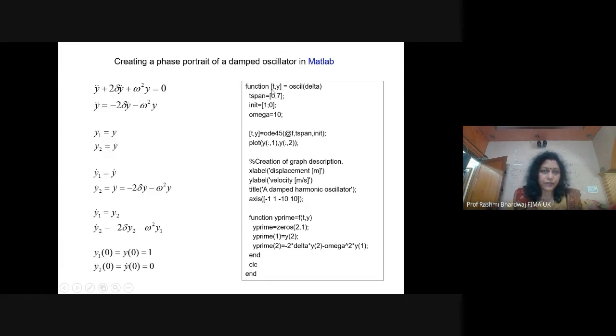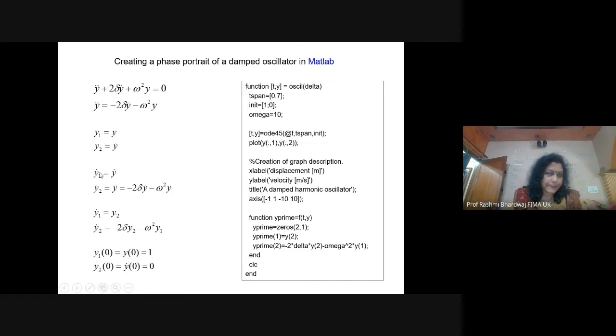So we define function dy as an oscillating delta. The t span we have taken 0 to 7, and initial values are 1 and 0. Omega value we have taken as 10, and we use ODE45, and we have the plot of y1 and y2.